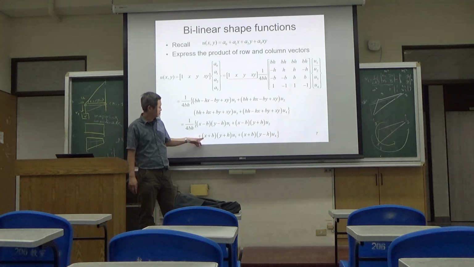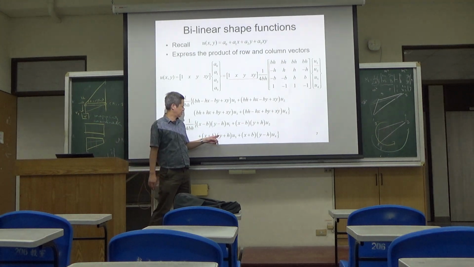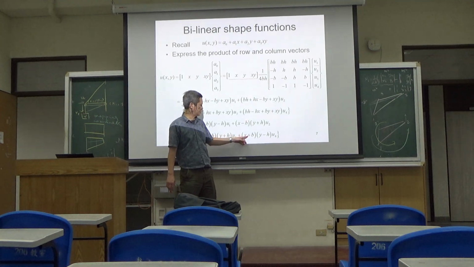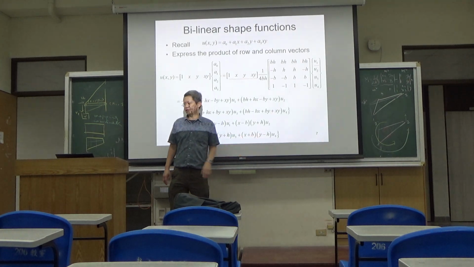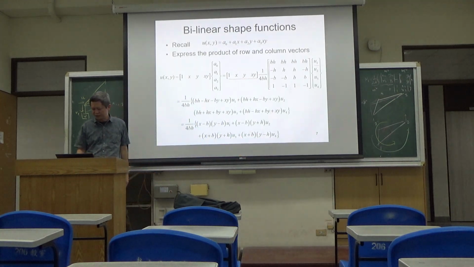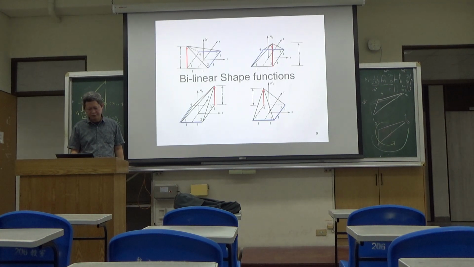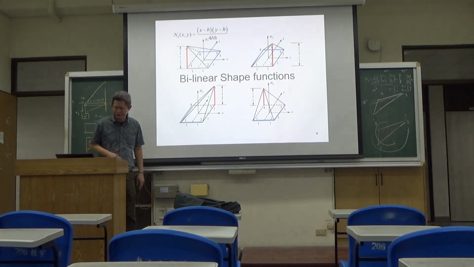And then the shape function 3 is x plus b times y plus h. Shape function 4 is x plus b times y minus h. Okay, how do you see this shape function? This is what we call bilinear function. Okay? It's very easy to see.